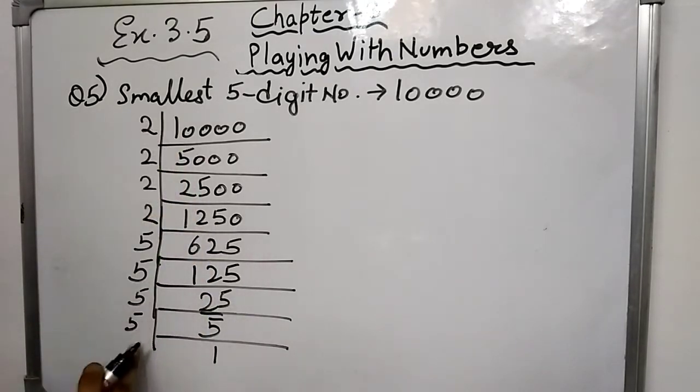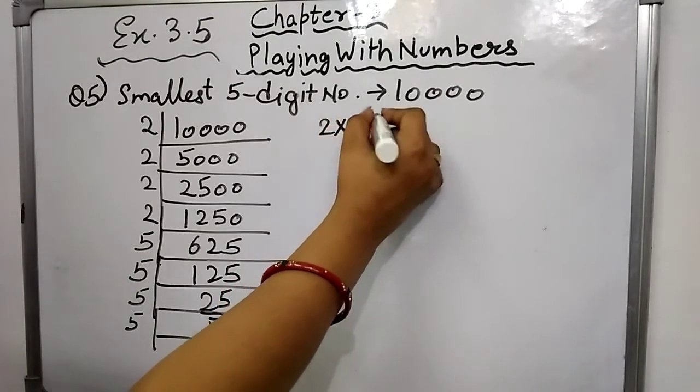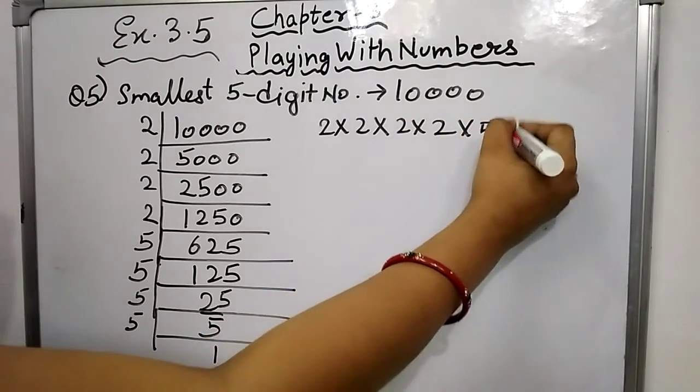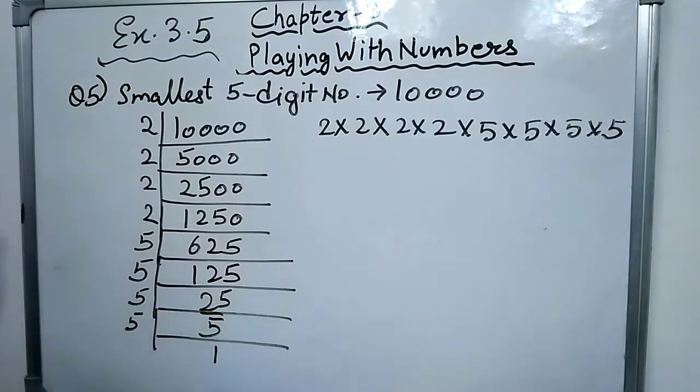We get all the prime factors of 10,000, that is 2 multiplied by 2 multiplied by 2 multiplied by 2, and similarly multiplying 5 four times. These are the prime factors of 10,000. So I explained both methods, the repeated division method and the factor tree method, in question number 4 and question number 5. You can do it with any method of your choice because it is not specified in the question.